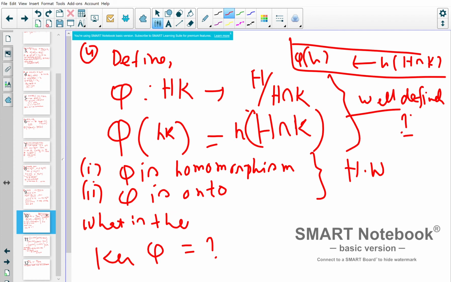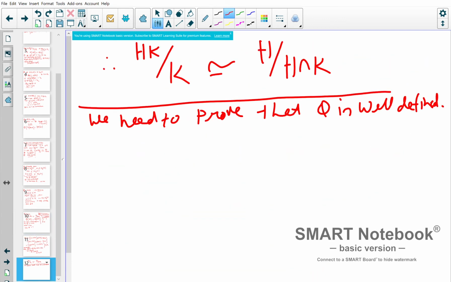You need to prove that if two elements are the same, their images will be the same. So how to prove this? Let hk and h1k1 be the same. Either you can prove it this way or you can prove it by contrapositive.